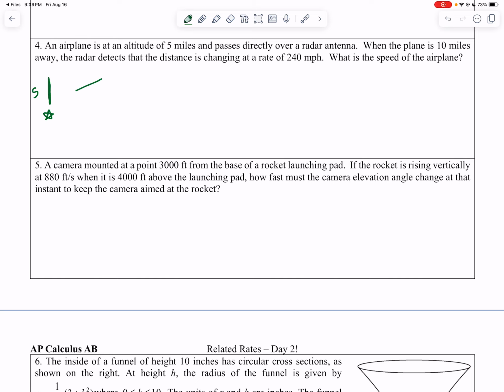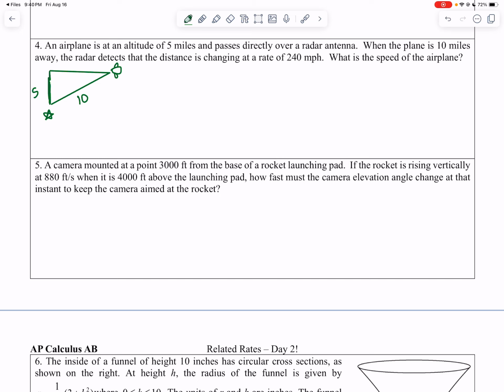All right, so we have 10 miles away, which represents my Z. So here's my airplane. And then we have my horizontal distance.